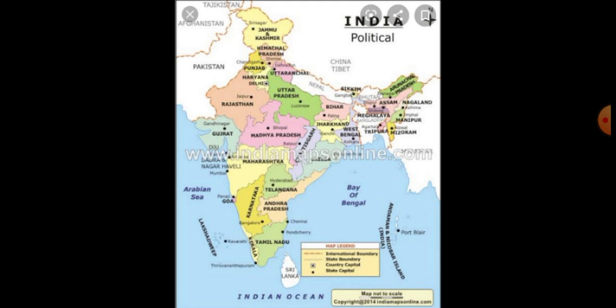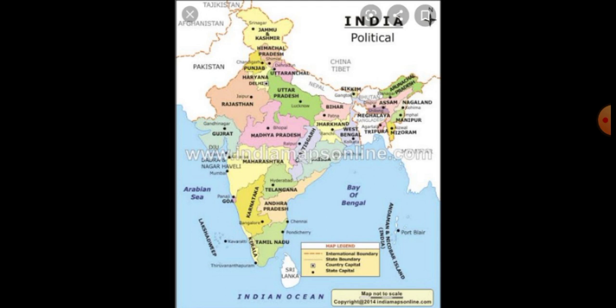Okay, students, anyway, you know about our country or our nation. So, now let us come forward to the point. Now, just you see this political map. This is the political map of India.